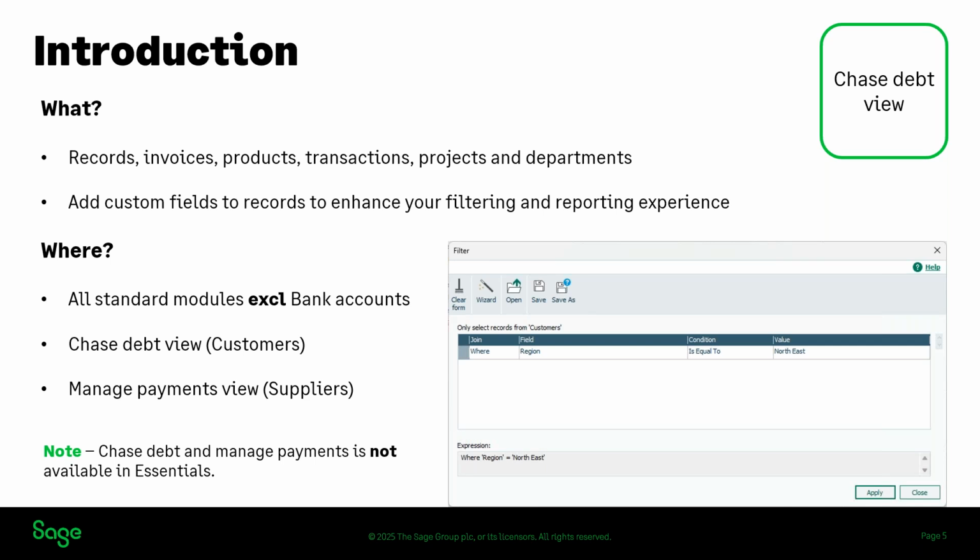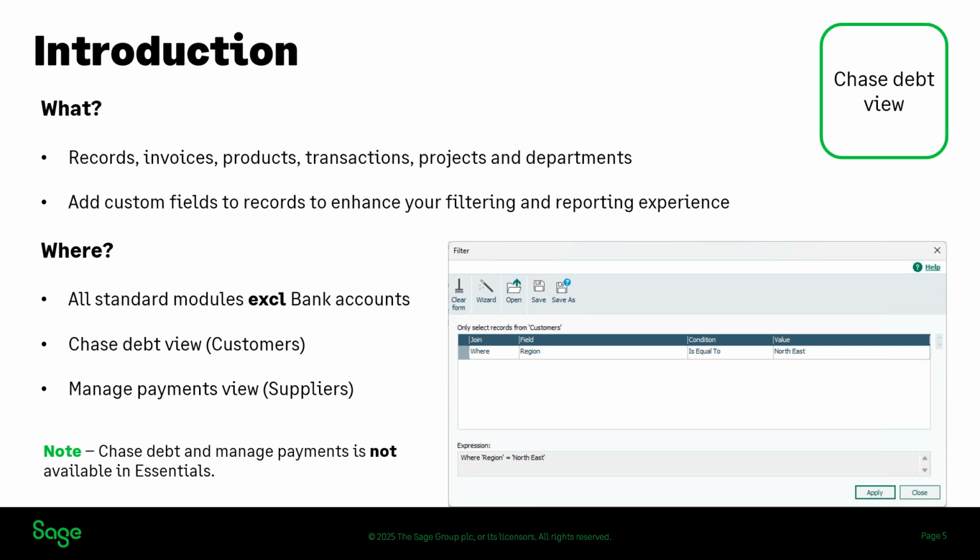But the beauty of the custom fields and adding them to your records is to enhance your filtering and reporting experience. It gives you the ability to include additional data fields that are actually relevant to your company's operations. So it's a bit of customization to your software. For example, it could be regions, customer types, cost centers, and it just provides you more comprehensive reporting and analysis capabilities.